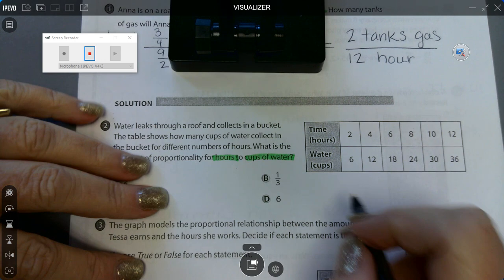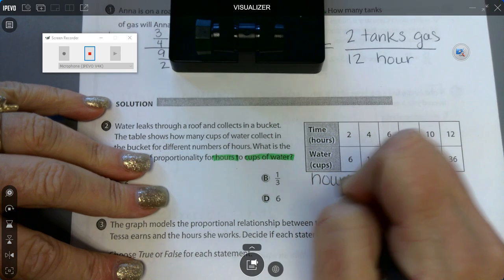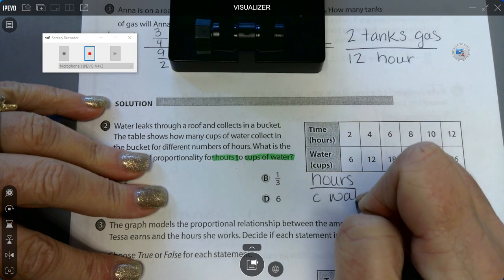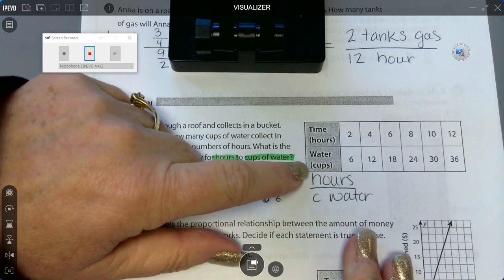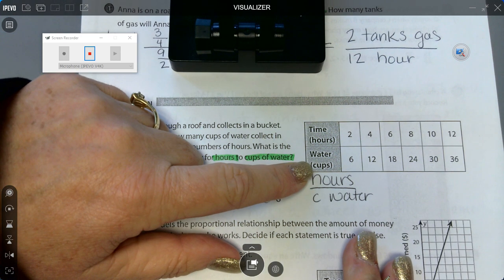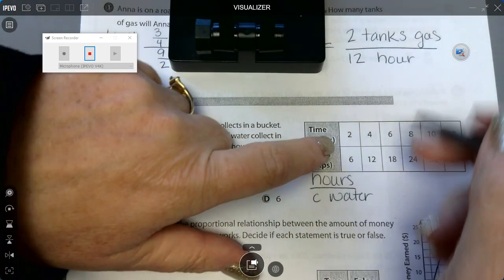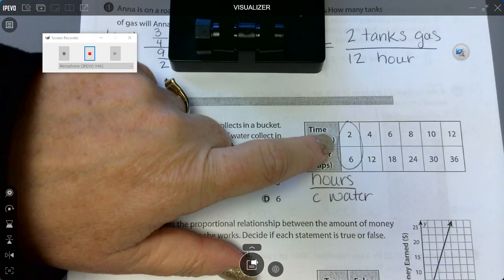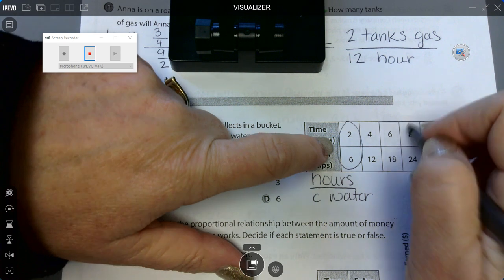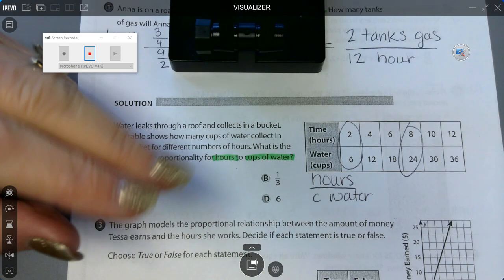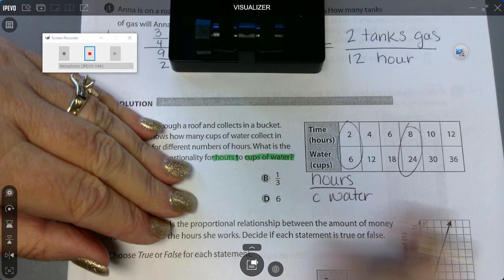So it's hours to cups of water, and with that being said, we're going to set it up how it's written. Put your hands down for right now. Okay, so for my hours, I'm going to just pick one of these to use. I can use that one, I can use that one. Does it matter? No. They're all the same.